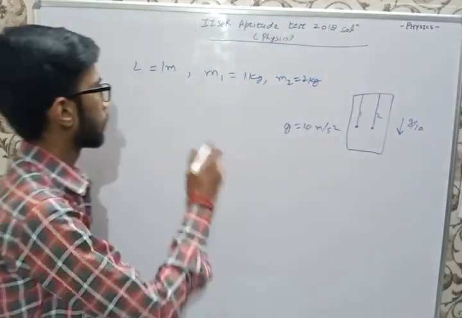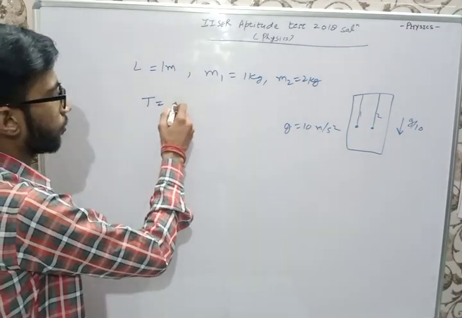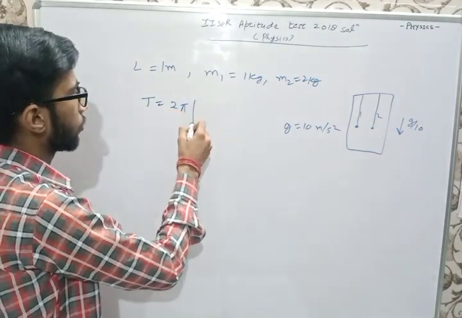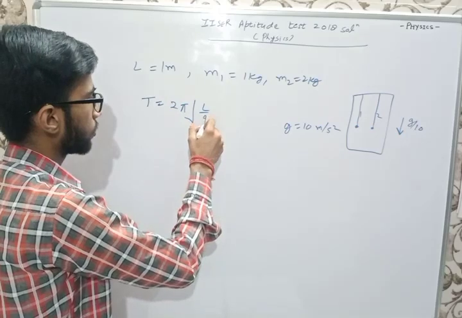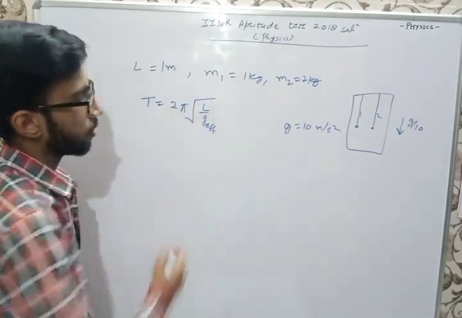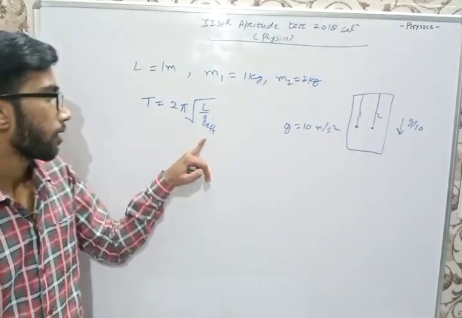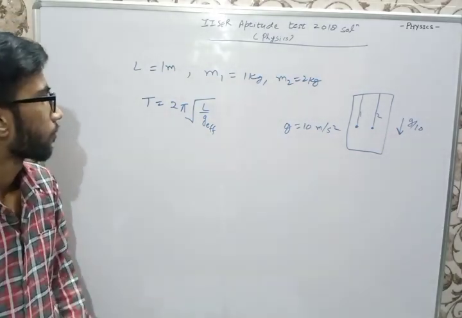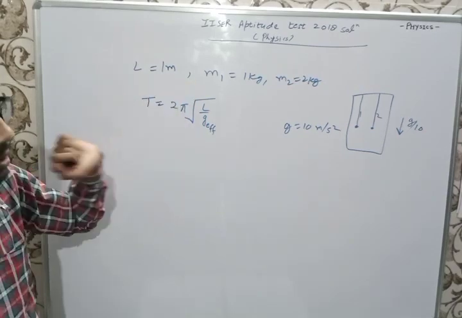So see, the time period of a simple pendulum is T equal to 2 pi under root L over g. Actually it is g effective, the effective acceleration due to gravity. It does not depend on the mass.